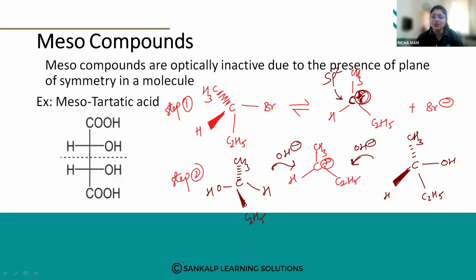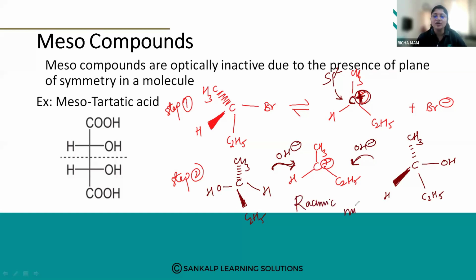So the nucleophile can attack from the front side or from the back side, and a mixture of products is possible: one product from the front side and one from behind. This is the example. So whenever we are studying the stereochemical aspect, you have to write the racemic mixture.